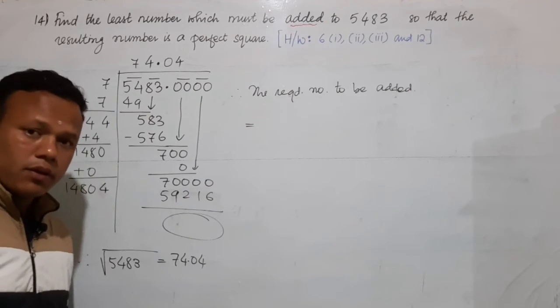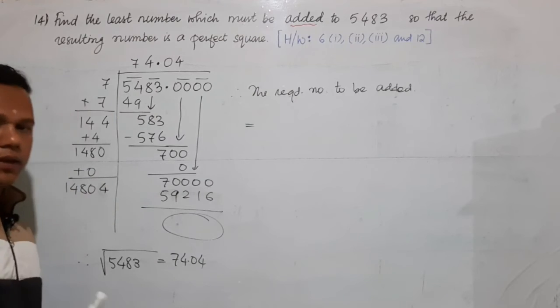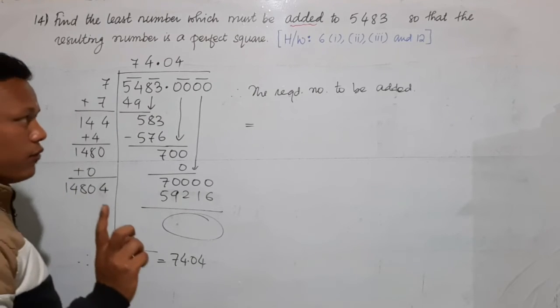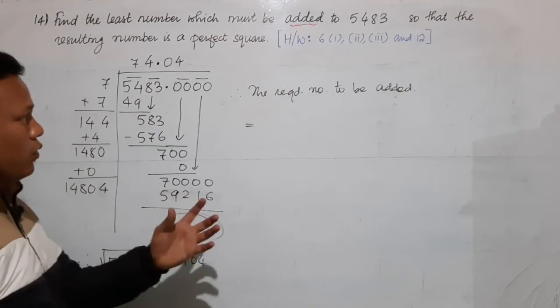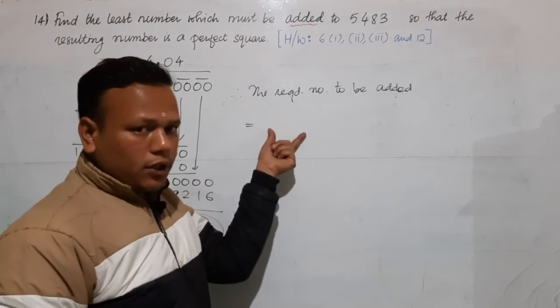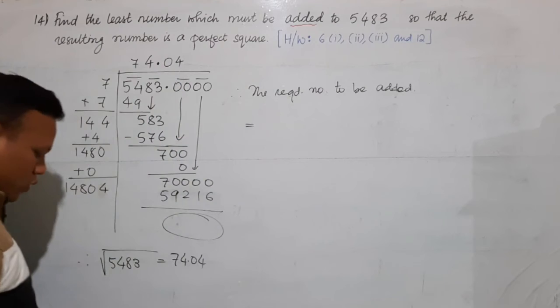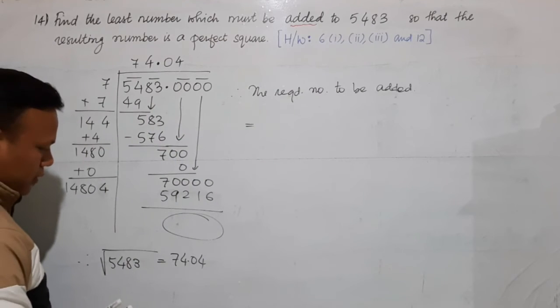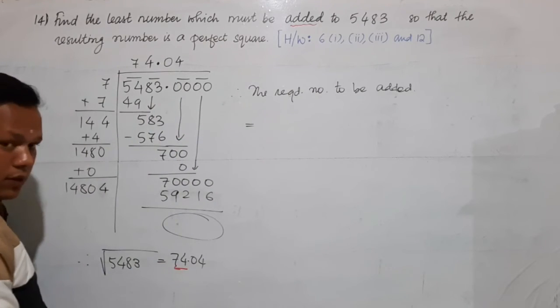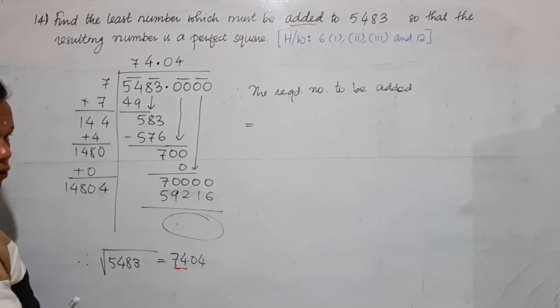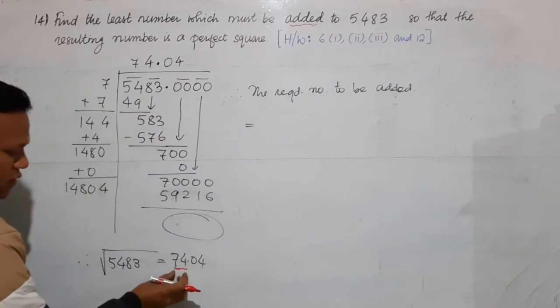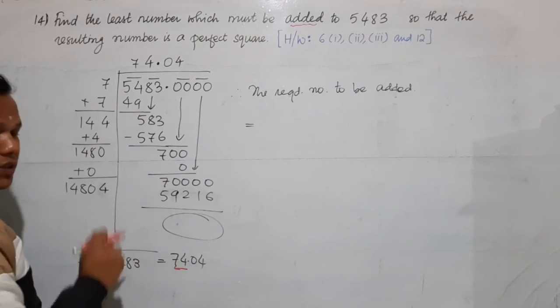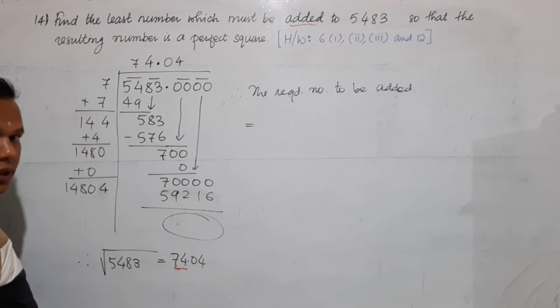If you remember in the earlier video where you were asked to subtract, you wrote this number in front, minus the square of the number you looked at. But this time it's going to be just the other way around.